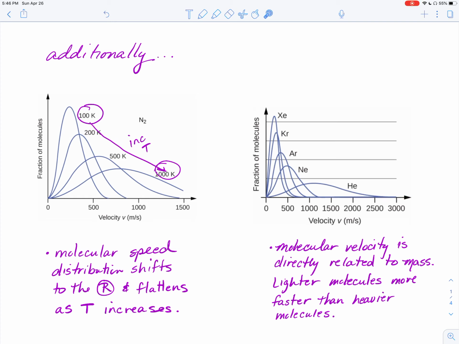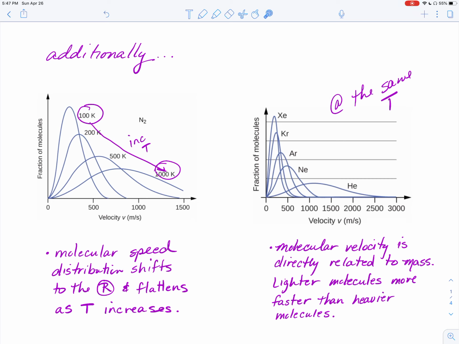And what you can tell, assuming we're at the same temperature here, is that whenever you're looking at gases, say helium versus neon, argon, krypton, and xenon, the molecular velocity is directly related to the mass.